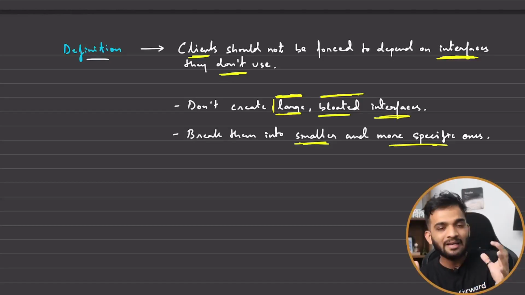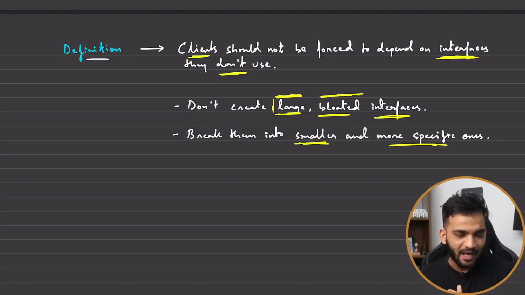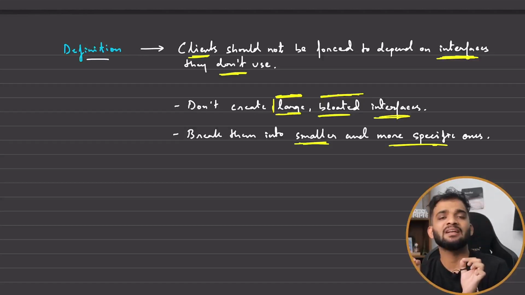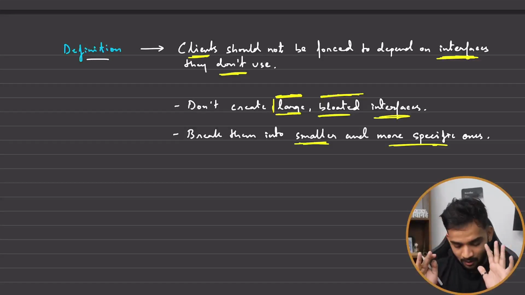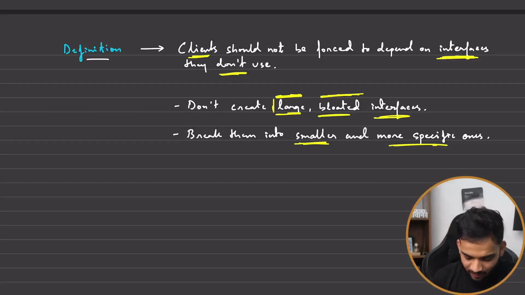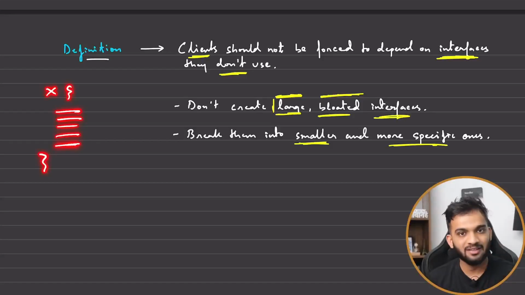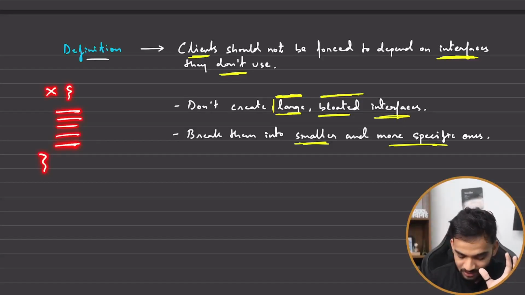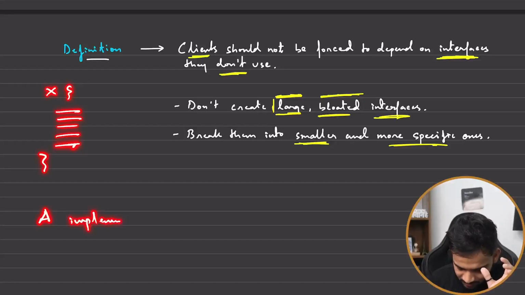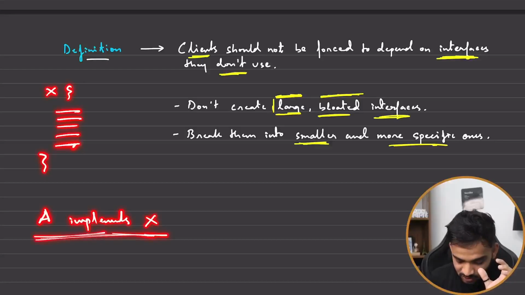Instead of creating one interface with all of the functionalities, you should be breaking it down into multiple interfaces and have small functionalities integrated into them. What do I mean by that? Imagine you have an interface X and you have multiple functions inside it, and any class A that is implementing the interface X now has to implement all of the functionalities.